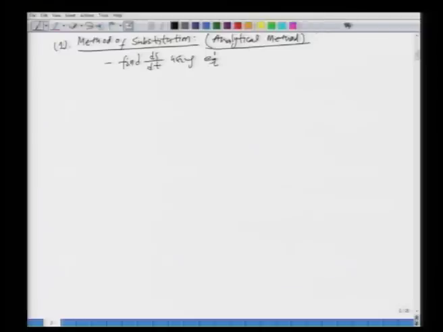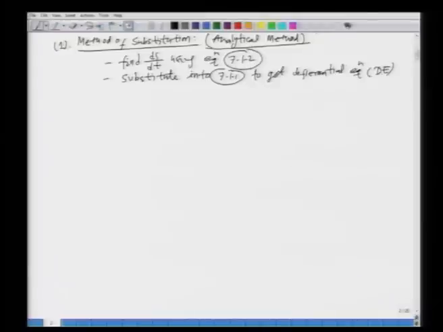using the assumed function given by equation 7.1.2, right, and then substitute into 7.1.1, which is your continuity equation, to get the governing differential equation.